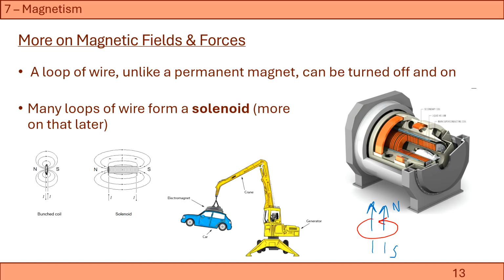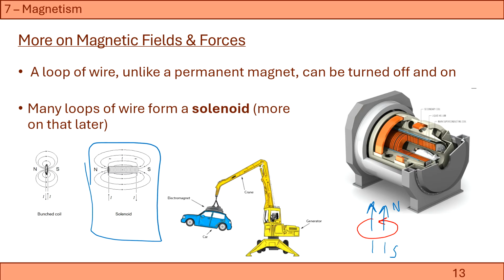There are many examples where loops are important, and in fact, we tend to combine lots of loops of wire in a big spiral. We call that thing a solenoid. Very useful object, in which we have multiple loops of wire, really one spiral of wire, and the current goes through, creating this magnetic field.